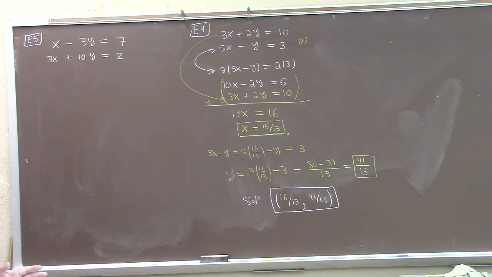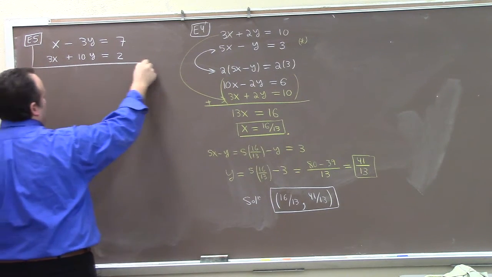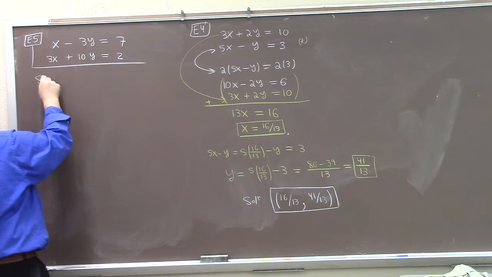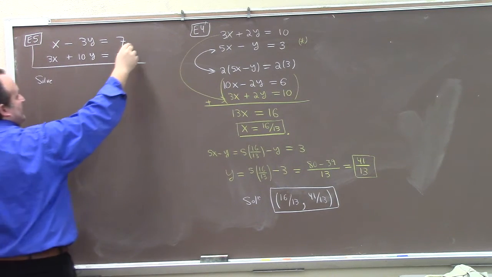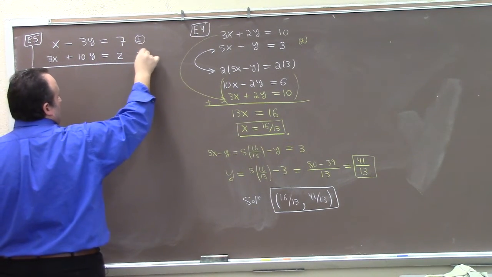Now, we could do substitution. So let's do substitution this time, just for a change of pace. I find it useful to label equations. This is equation 1. This is equation 2.